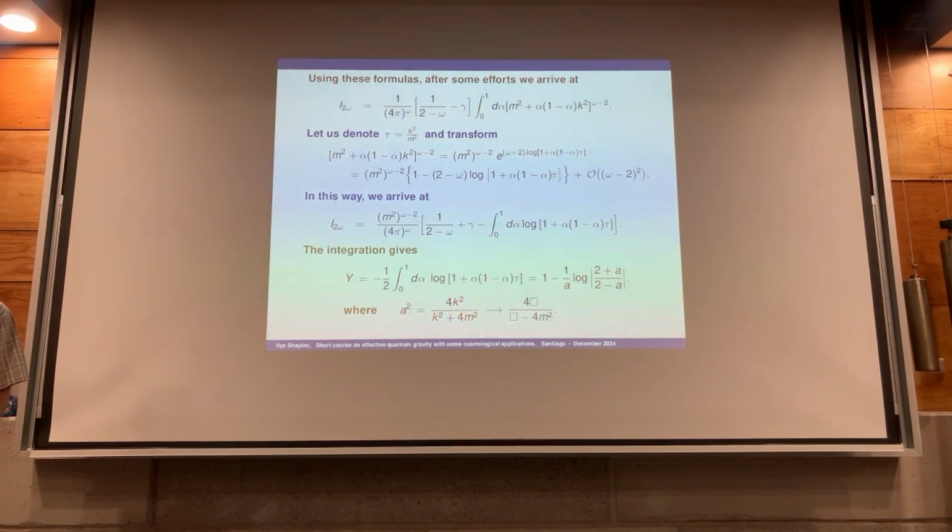But to exponentiate it, we need to make it dimensionless. So how do we do it? We introduce mu, which is an artificial parameter, called the parameter of renormalization. Omega is called the parameter of regularization. We just parameterize our divergence with regularization.